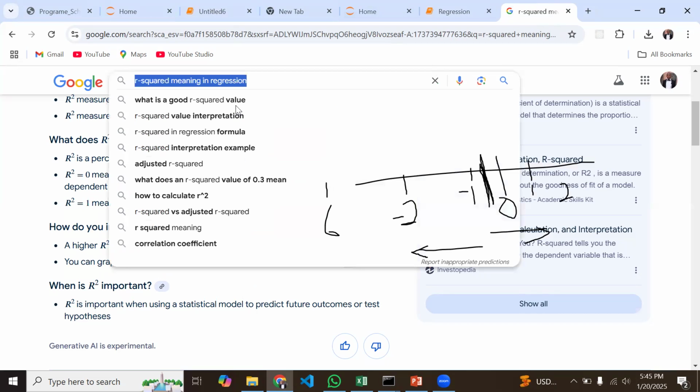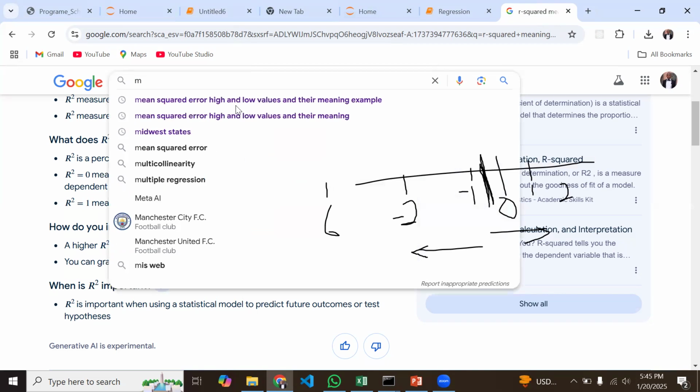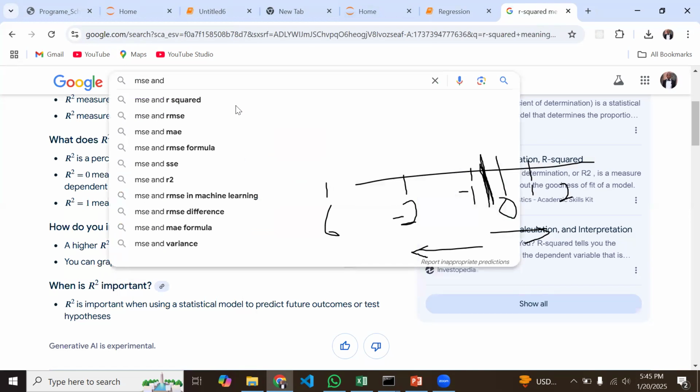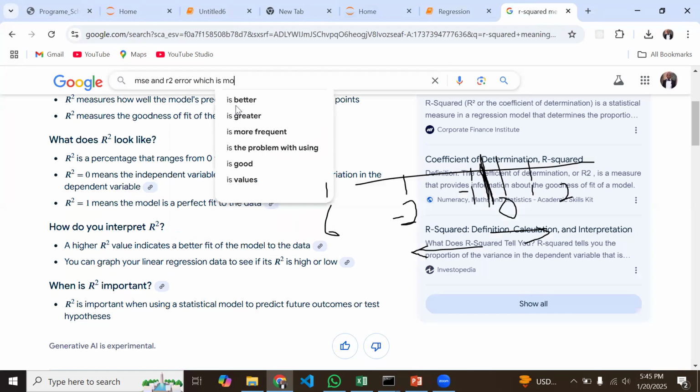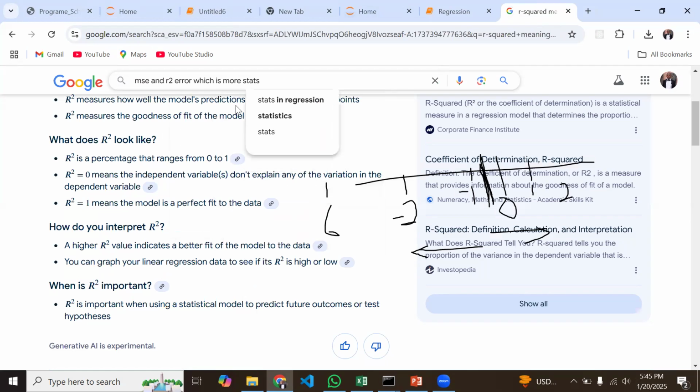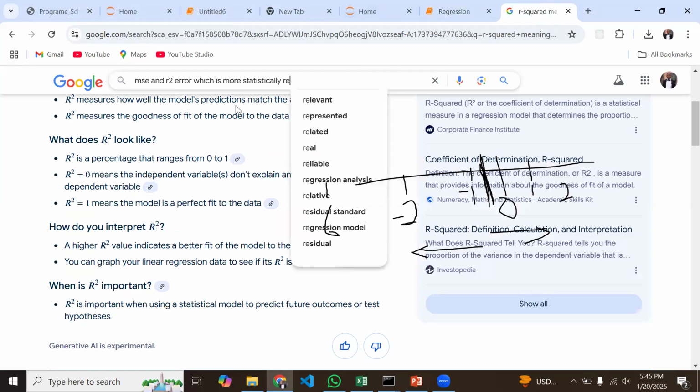So we are seeing that mean squared error and R squared, which is more statistically relevant? Okay.